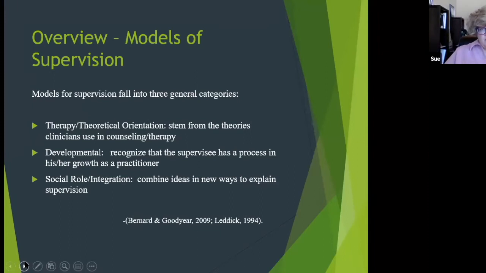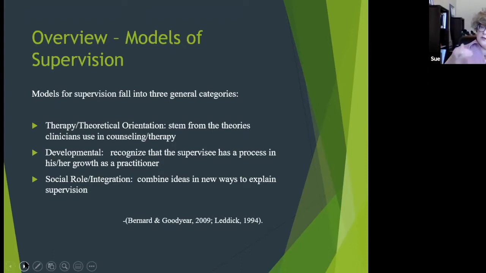Not that you're counseling your supervisees, because that would be unethical, but what is it that they're maybe getting stuck with around working with their clients that they could better understand to work better as a clinician and as their professional growth. So being able to keep those in mind as a supervisor can be an example of the social role integration kinds of models.